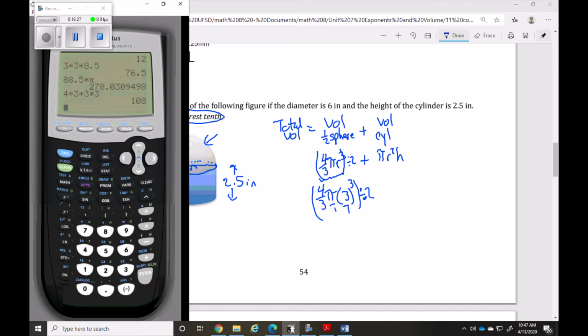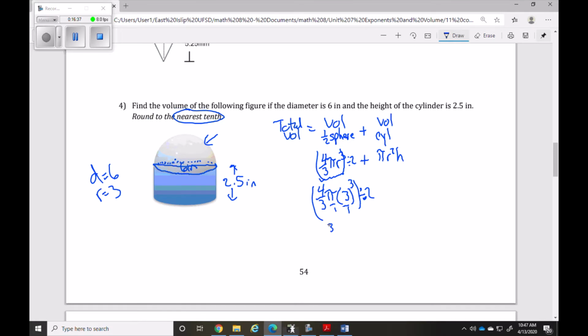Then I divide that answer by the denominator. 3 times 1 times 1 is just 3. So this turns out to be 36 pi, but don't forget, I only want half of it. Half of 36 is 18 pi. They do want it rounded to the nearest tenth. I'm going to do that at the end, though. I'm just going to leave it as an 18 pi for now.